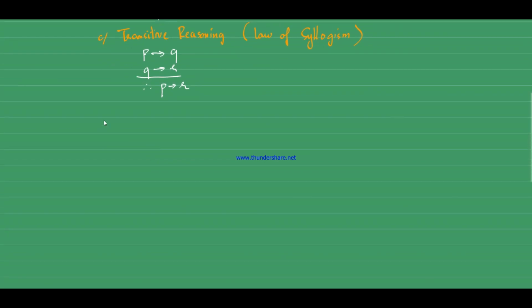Then finally, we have disjunctive reasoning, and we can call this disjunctive syllogism.